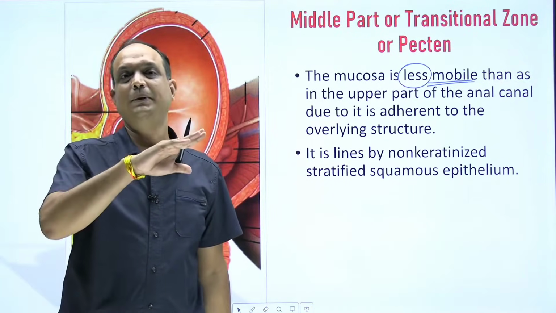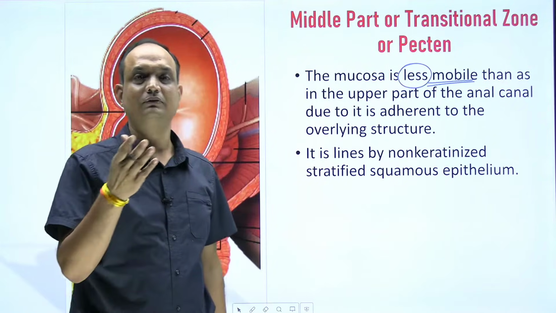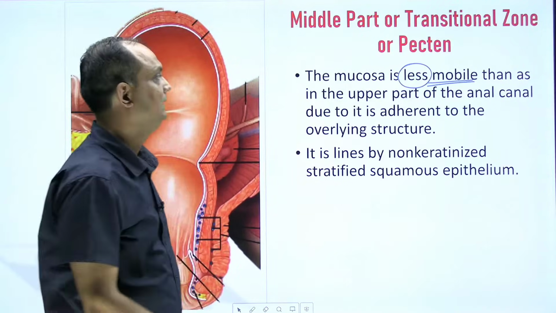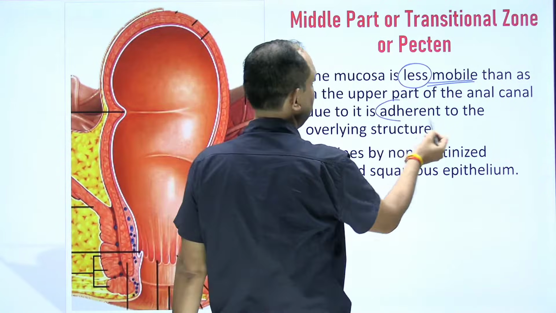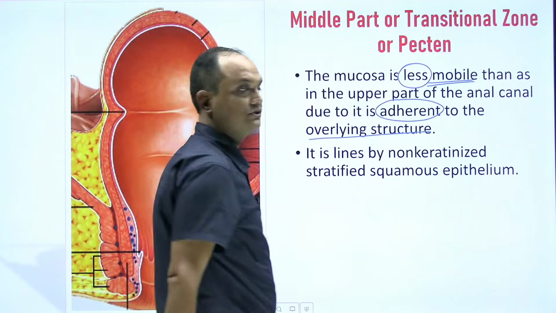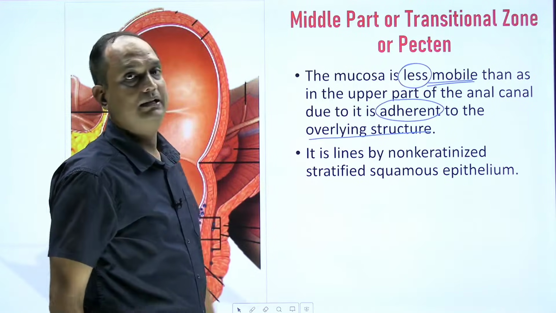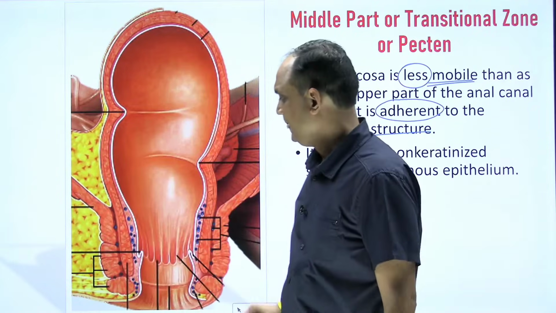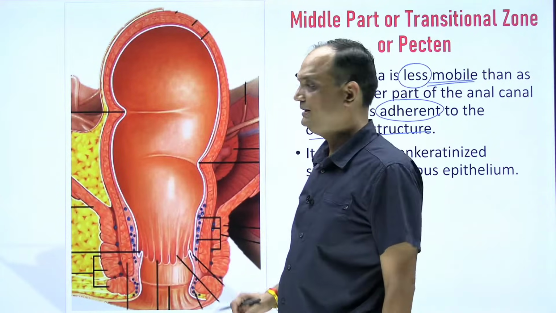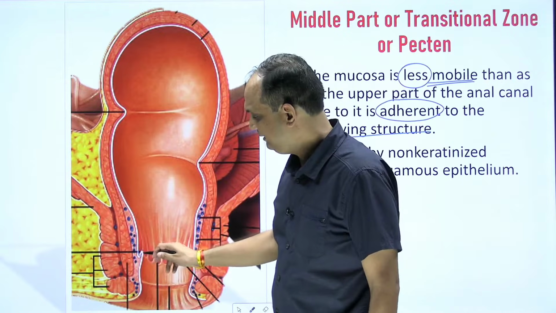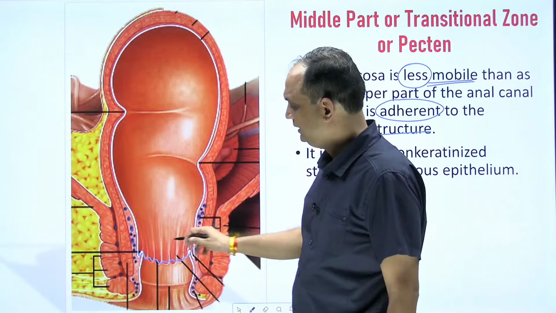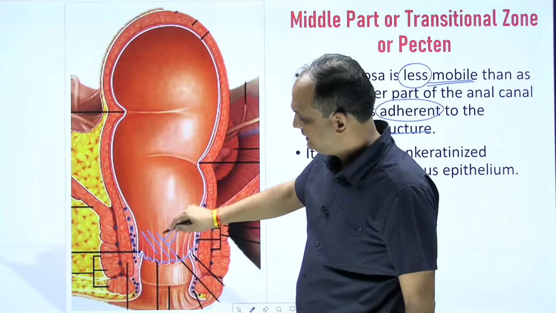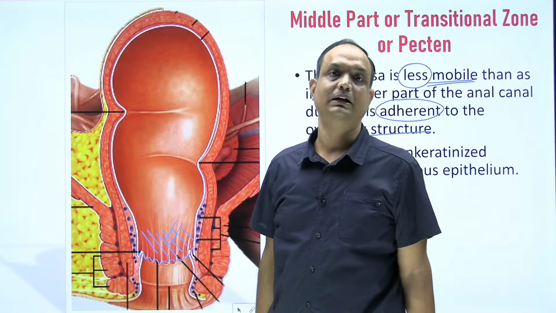So, the mucosa of the upper part is more mobile, and the mucosa of the middle portion, or transition zone below the pectinate line, is less mobile because it is adherent to the underlying structures, and it is lined by non-keratinized stratified squamous epithelium. Now, you have to understand that the area above the pectinate line develops from endoderm, so this part of the mucosa is lined by simple columnar epithelium.